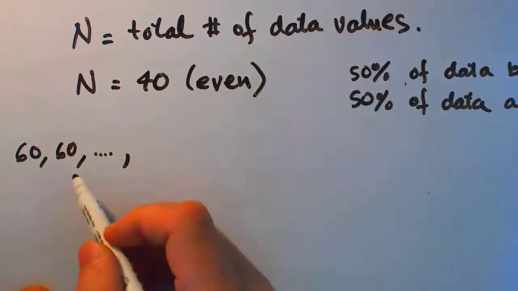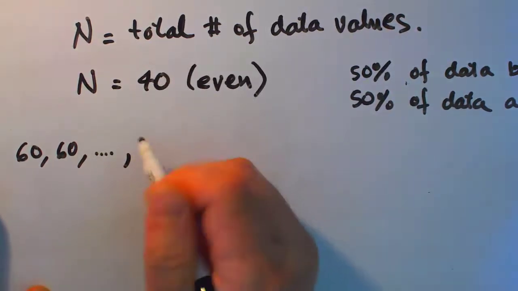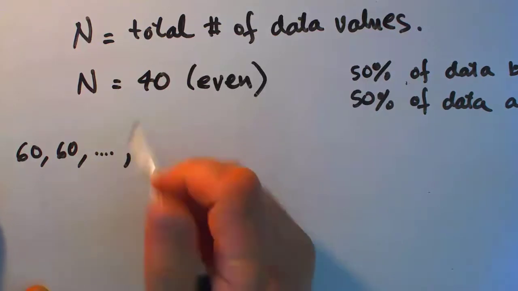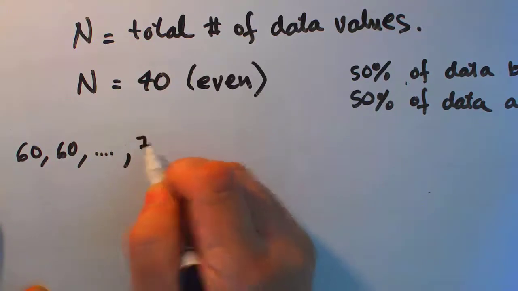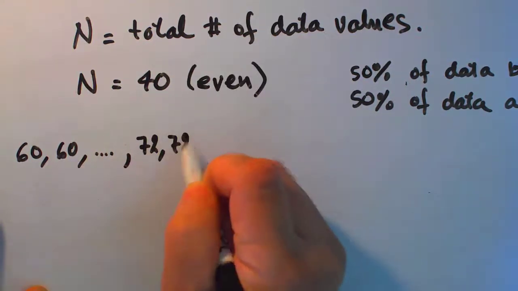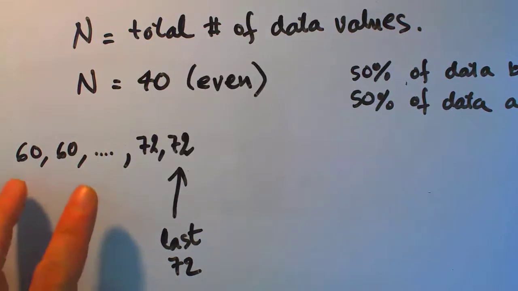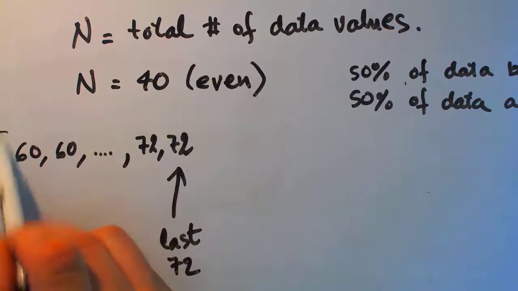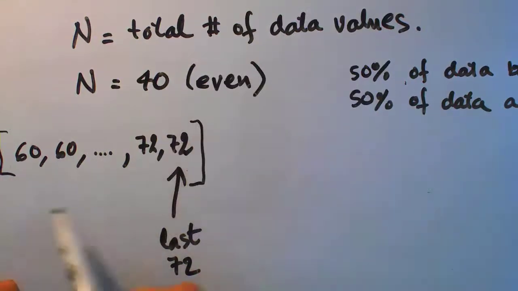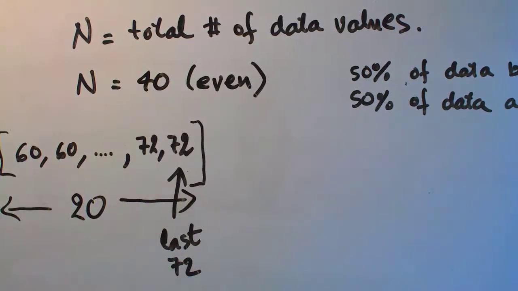We have a few 60s, and if you count all together with me from the bottom up, the 20th one would be the last 72. We got quite a few 72s, but the last 72 right here. Forgive me that I cannot write the entire data set here, but from the beginning 60s all the way to the last 72, there are 20 of them in that zone of your list.